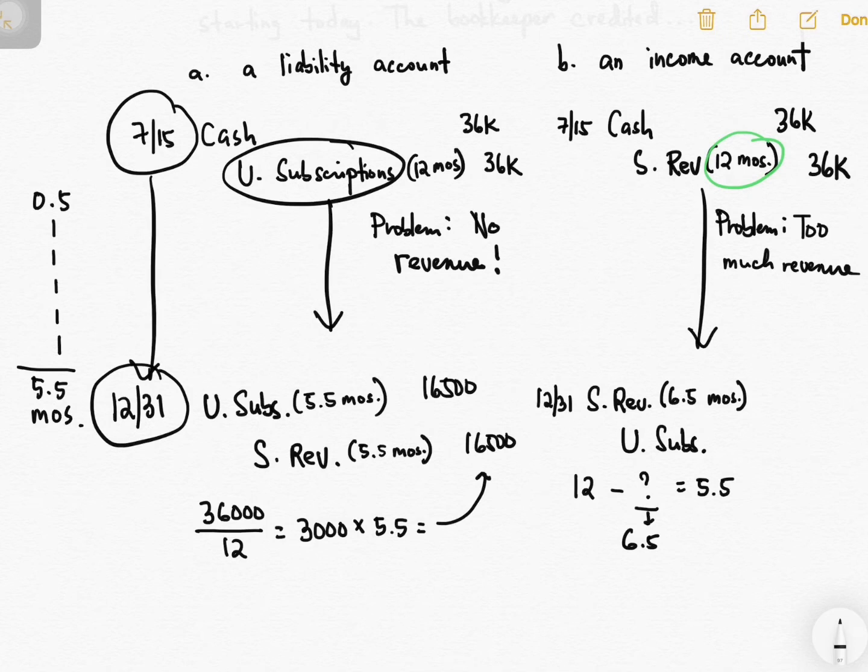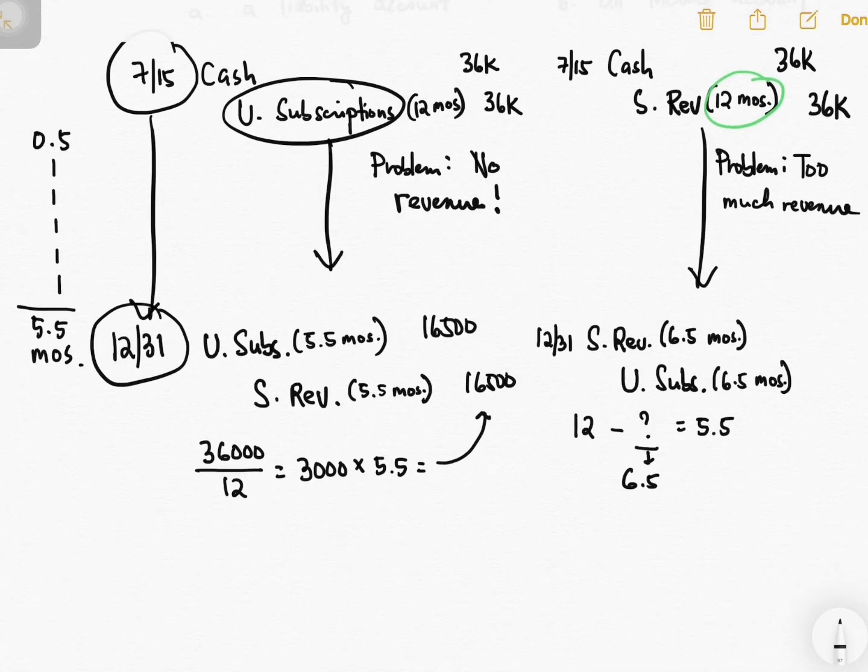How about for the unearned subscriptions? Also 6.5 months. Why? Because after this year, you are still left with 6.5 months of revenue. So next year, you have 6.5 months of revenue. Because this year, you already used 5.5. Okay, so let's compute.